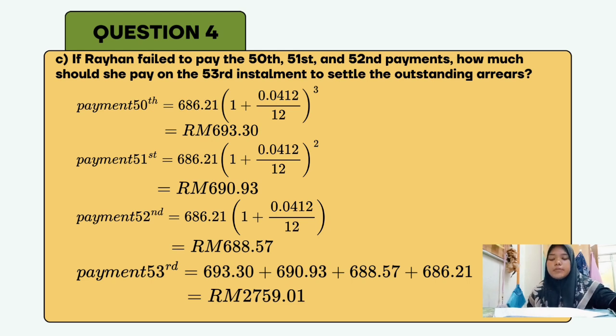For the last payment at payment 53, we add all the totals and the original P, which is 686 ringgit and 21 cents, and the total is 2,759 ringgit and 1 cent.